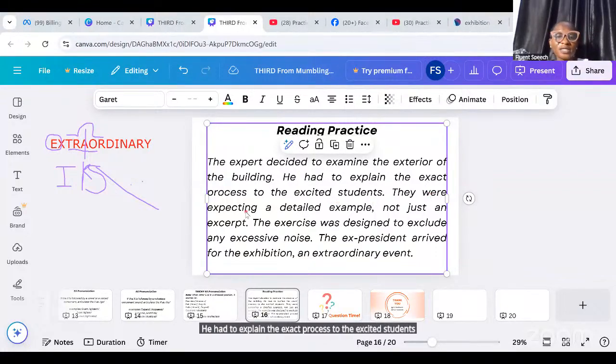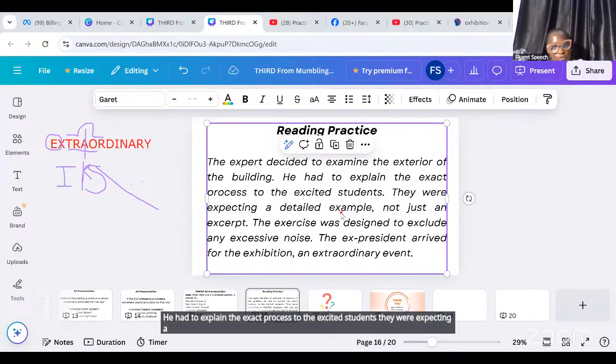They were expecting a detailed example, not just an excerpt. The exercise was designed to exclude any excessive noise. The ex-president arrived for the exhibition, an extraordinary event. I'll take it 2 more times.